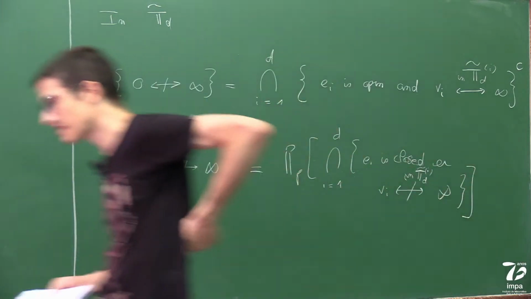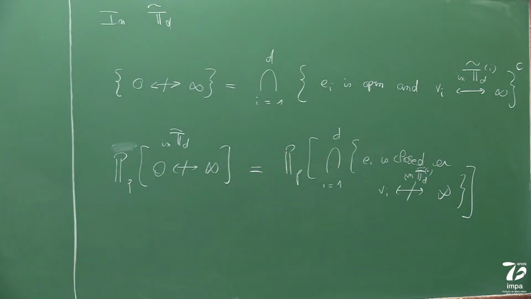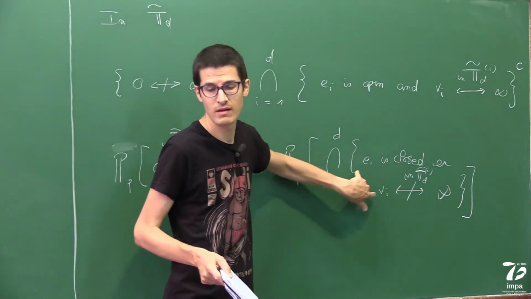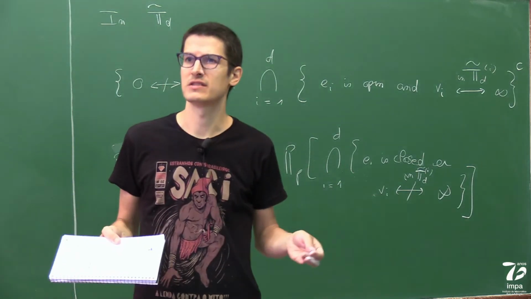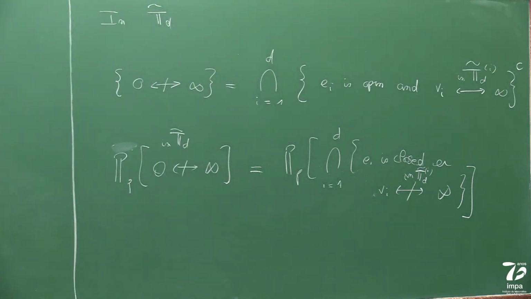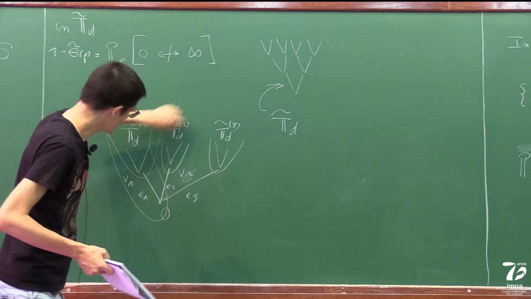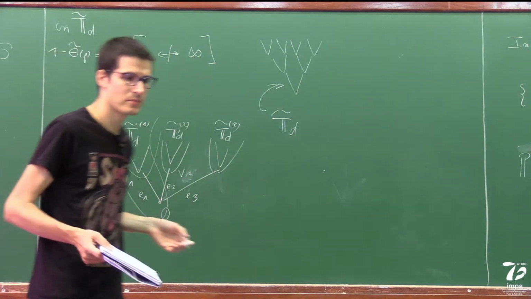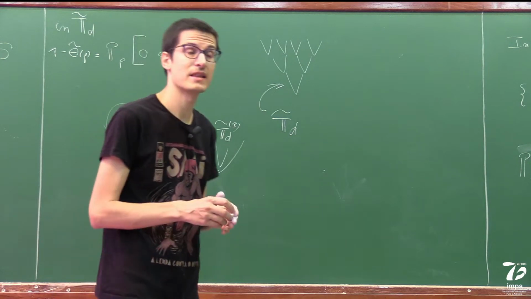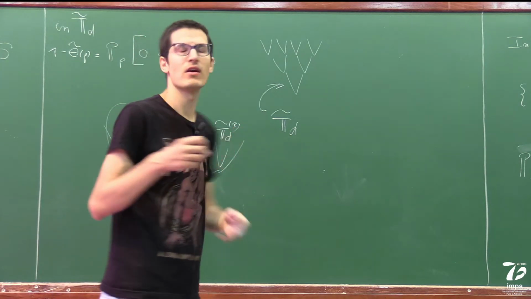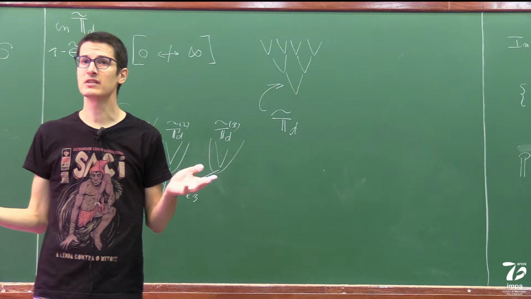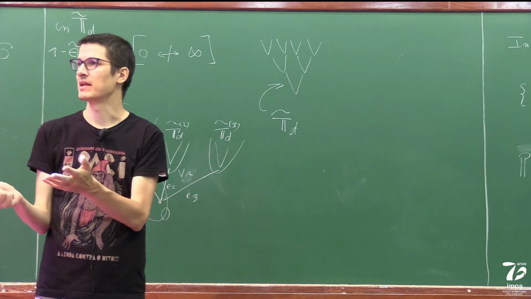Now you see that, I might come back to this, but these events rely on distinct collections of edges. So i equal 1 just relies on these edges, i equal 2 on other edges. And because they are distinct and the omega_e on the edges are independent by definition, these events are independent.